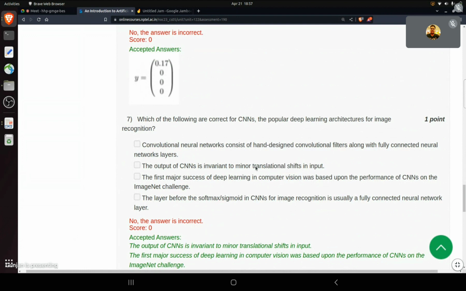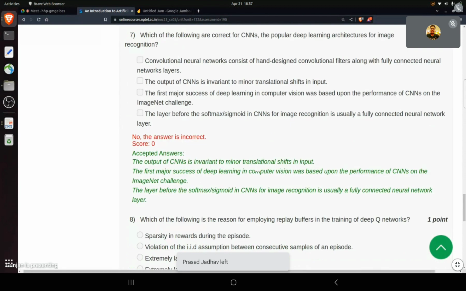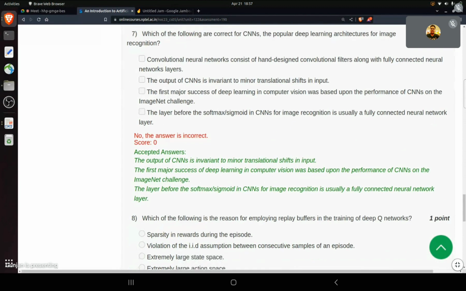It's like handwritten numeral recognition. One can write in any way, slanted or straight, and even if it's slanted, it should be identified as one. But minor is the keyword. If it just said invariant to translational shift, that would be false. With minor, it is true.